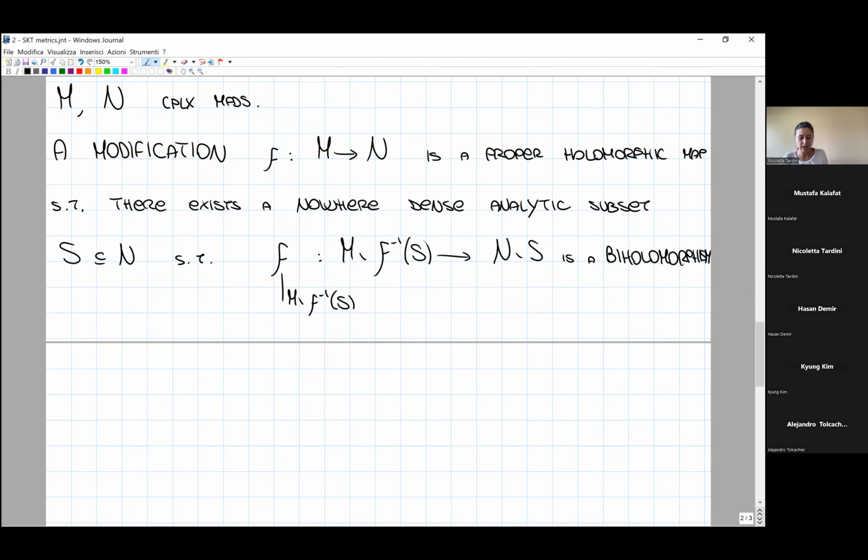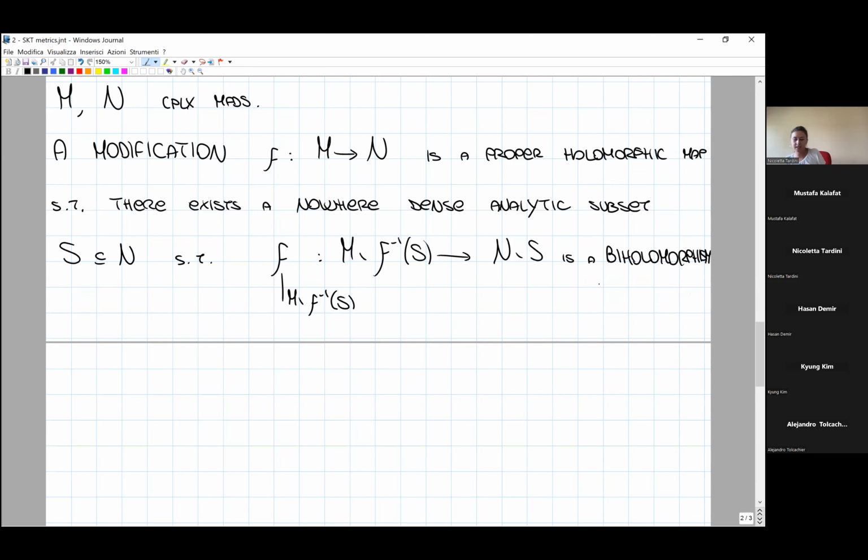Okay, so what is a modification? A modification is a proper holomorphic map such that outside some exceptional set that I call S, we have a biholomorphism. So somehow you modify your manifold just in this special set, because outside, your complex manifold is exactly the same from the holomorphic point of view.